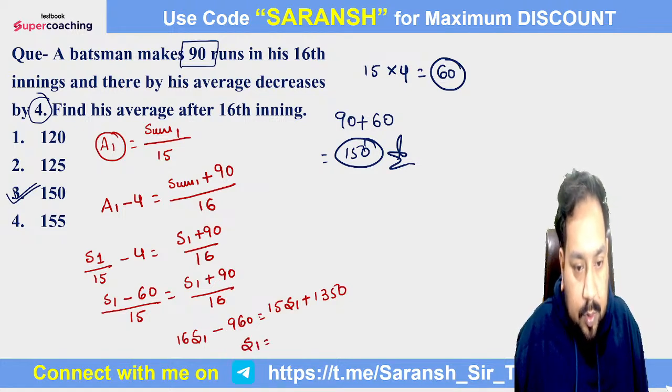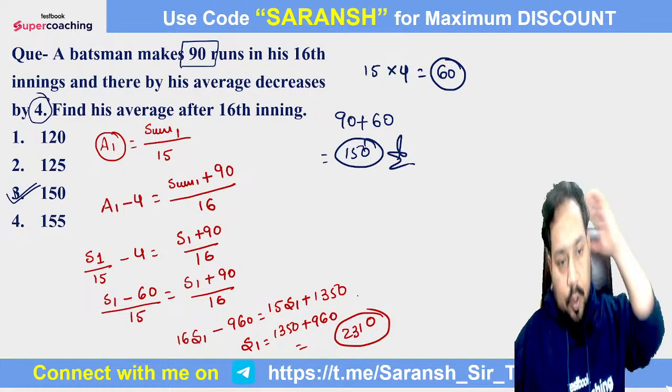S1 equals 1350 plus 960. That will be 0, and 1 and 3 is 4... S1 is 2310. Okay.